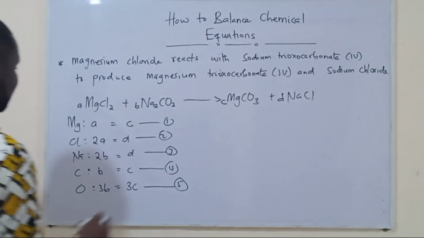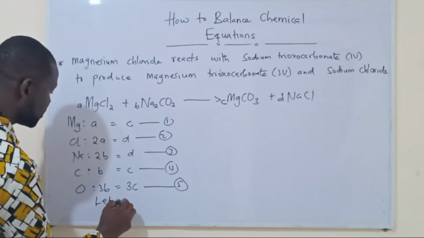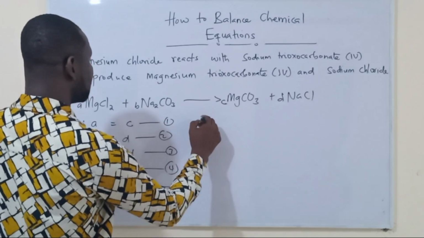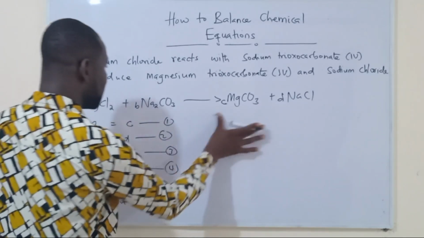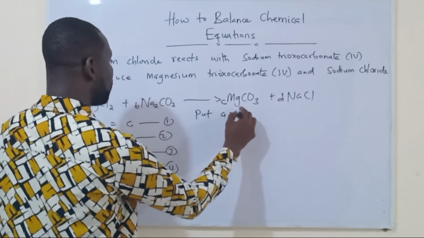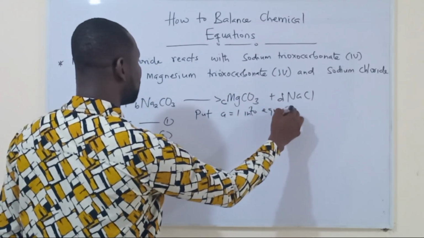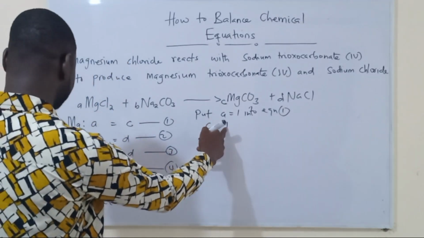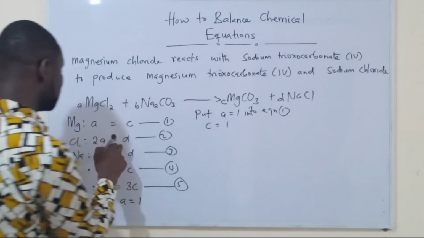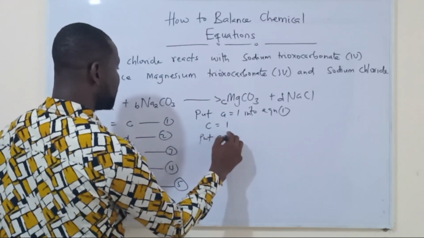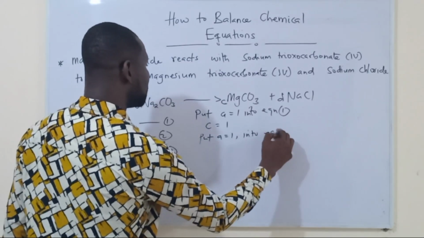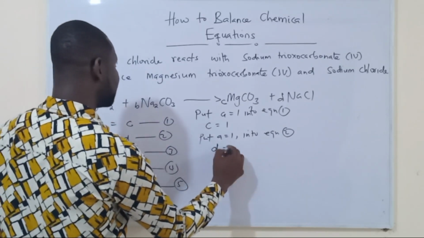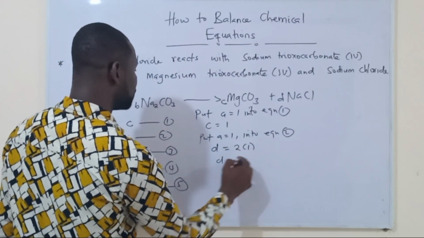So I will say let A be equal to 1. So if I have A to be equal to 1, I'm going to have C to be equal to 1. So I'll say put A equal 1 into equation 1. So C will be equal to 1. So now I know A and C. I can put A equal 1 in equation 2. So I'm going to get D is equal to 2 times 1. D will be equal to 2.